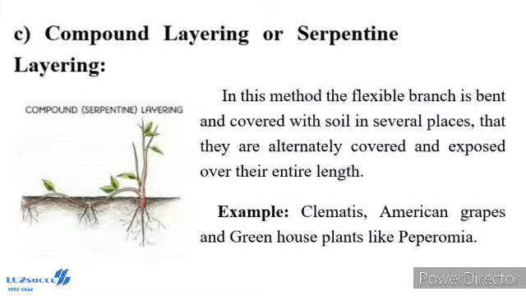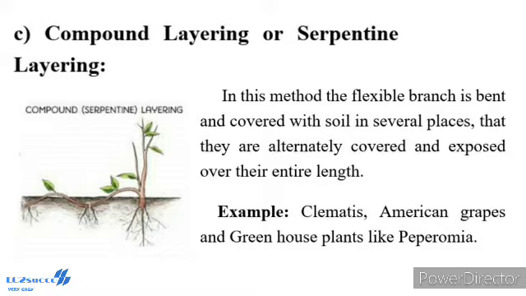Third layering, compound layering. Compound layering is a ground layering. In this method, the flexible branch is bent and covered with soil in several places, so that it is alternately covered and exposed over its entire length.